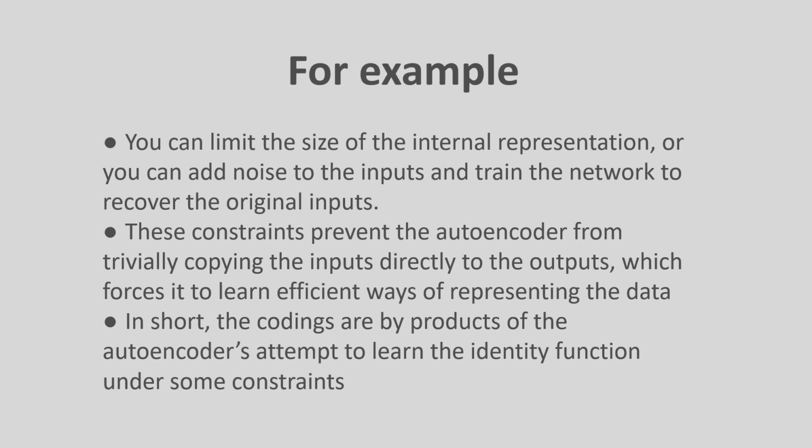These constraints prevent the autoencoder from copying the input directly to the outputs, which forces it to learn efficient ways of representing data. That concept I have already mentioned: efficient data representation by autoencoder. In short, the codings are by-products of the autoencoders.